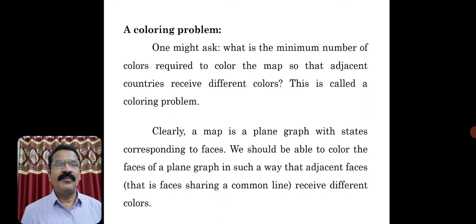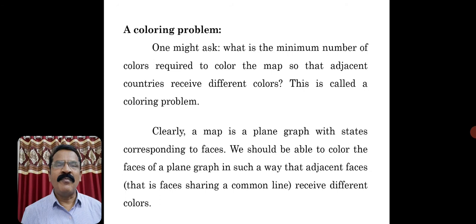We should be able to color the faces of a plane graph in such a way that adjacent faces, and what do we mean by adjacent faces? Faces sharing a common line receive different colors. That is the idea of coloring a map. So what we come to know is that our aim is to minimize the number of colors.